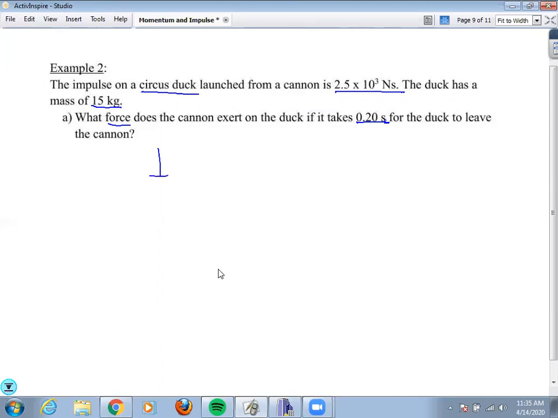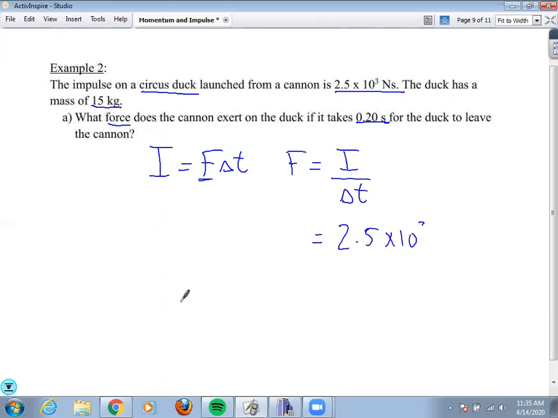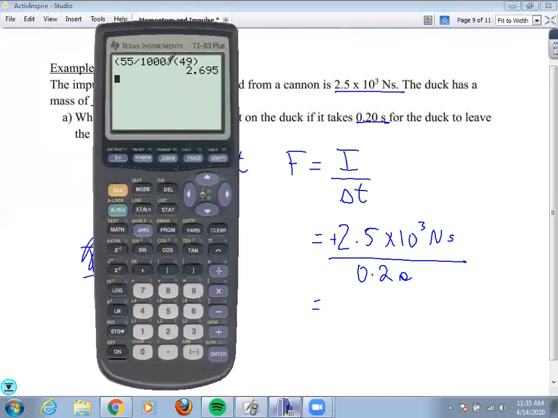So impulse equals F delta T. We want to isolate F, so F must equal impulse divided by delta T. So the impulse is 2.5 times 10 to the 3 Newton seconds, we'll assume forward is positive, divided by the time, 0.2 seconds, and we can get our answer for the force applied to the circus duck.